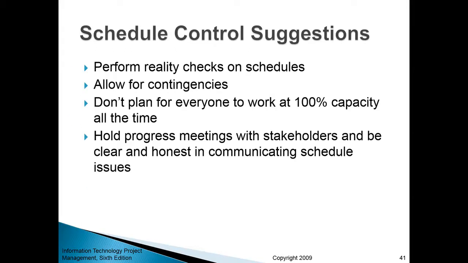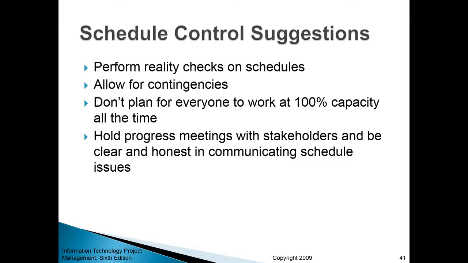So some general suggestions for schedule control. You need to perform reality checks on schedules. You need to look at each of the elements of the schedule and ask yourself, does this look realistic or not? To make it realistic, you should allow for contingencies, so don't expect that everything will work out the way you plan it. So you need to add some time in case, to accommodate contingencies, meaning things that are unexpected, things that can go wrong.